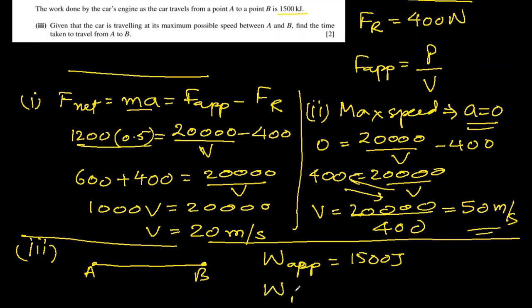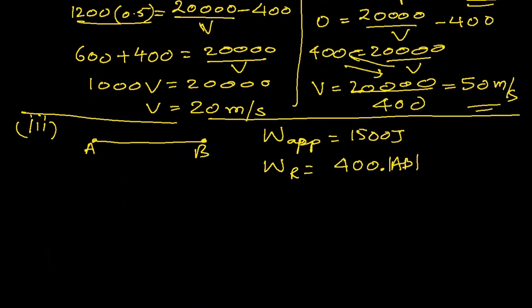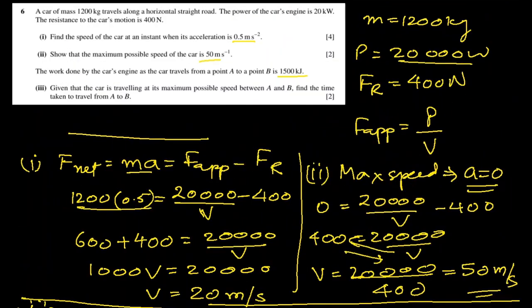Work done by the resistive force will be 400 joules times distance AB. So let's use the energy equation. What is the question, by the way? The question is find the time taken.